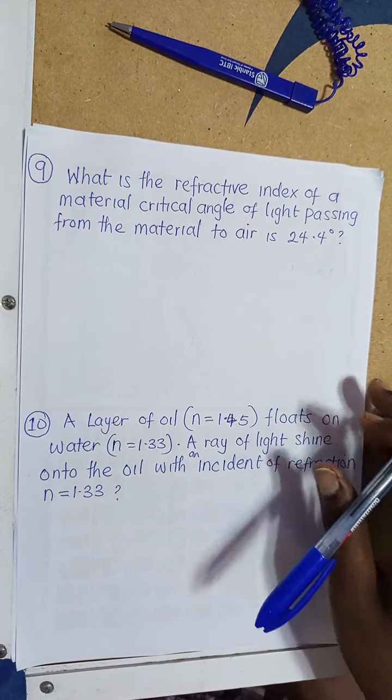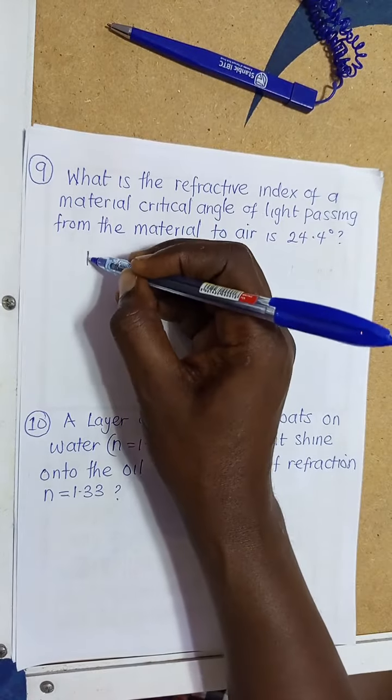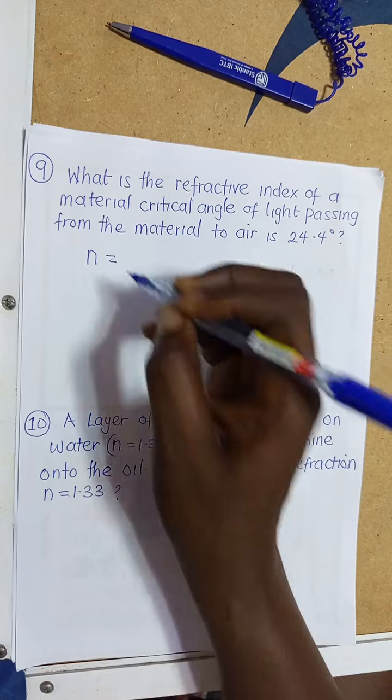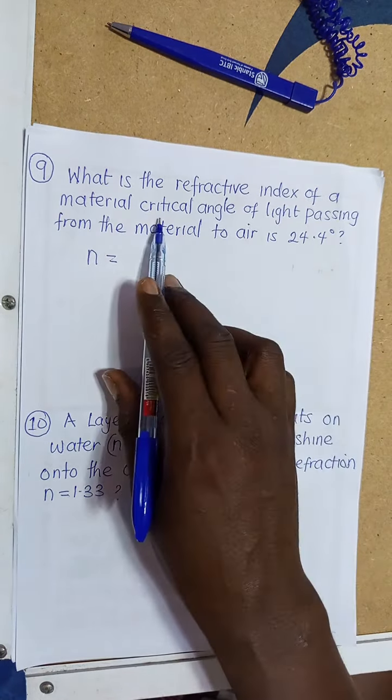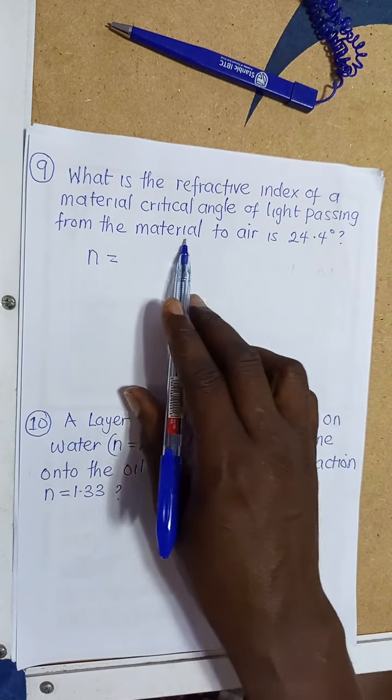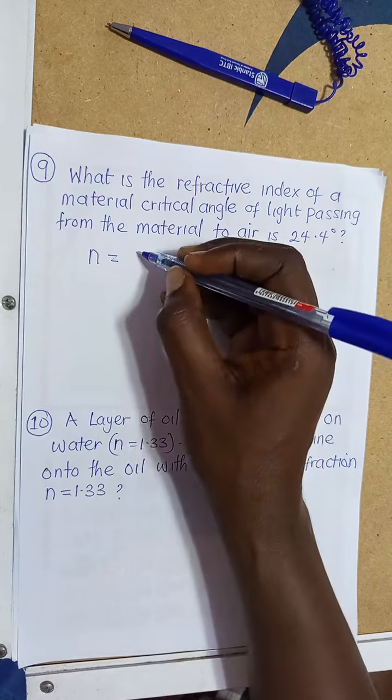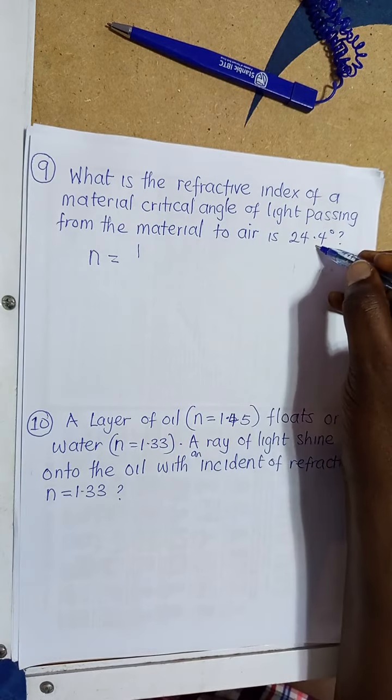So what we are looking for is the refractive index. What is a refractive index? The light passing from the material to air, so this is the critical angle.